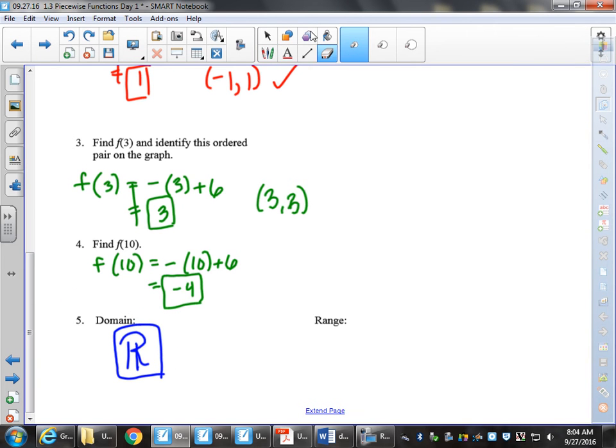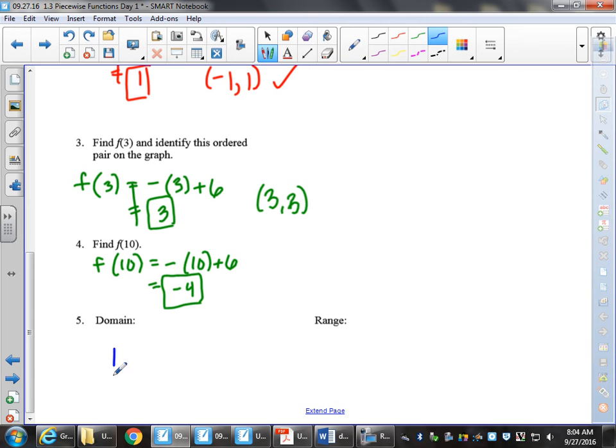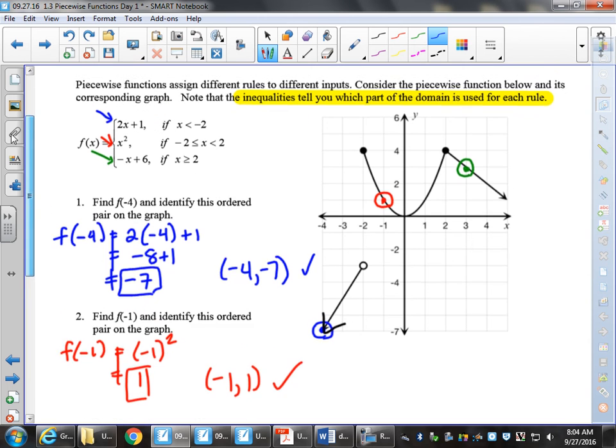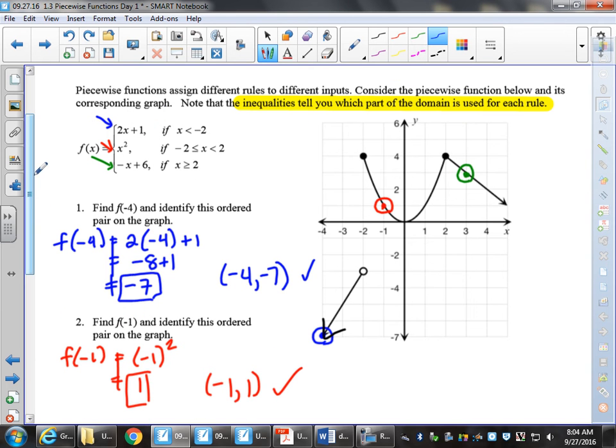I don't like that R. Start looking at the range. Coming from the bottom, coming from the top. What are we thinking for range? So I agree, we come from the bottom. I have negative infinity up to negative 3.